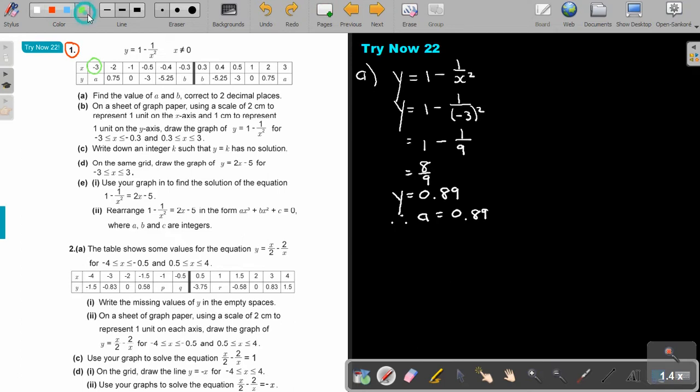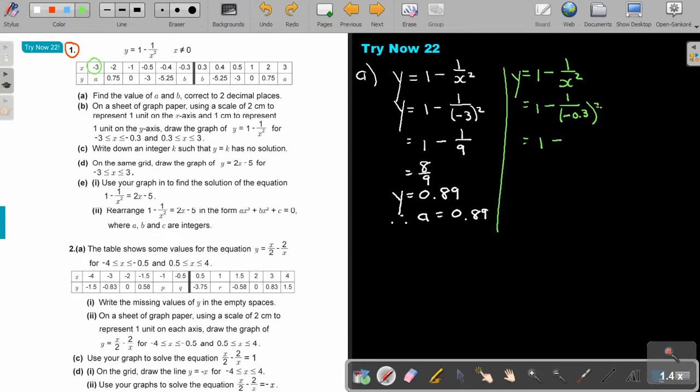Okay, the next one, it's number B. So again, start with that. So it's y equals 1 minus 1 over x squared. 1 minus, and what is x? In this case, it is negative 0.3. So it's 1 minus, and don't forget to square it.